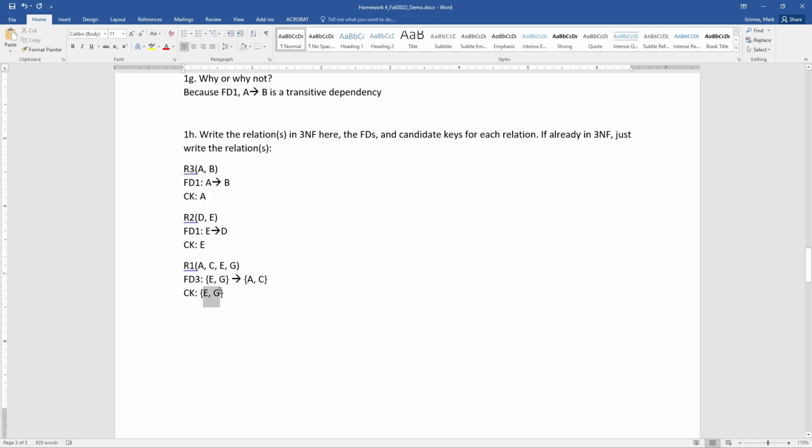Okay, so now EG functionally determines everything in this relation. E is going to be a foreign key now that refers to this candidate key E in relation 2, and A is a foreign key that refers to this attribute A in relation 3, which is a candidate key in this relation. So this is the answer to number 1.